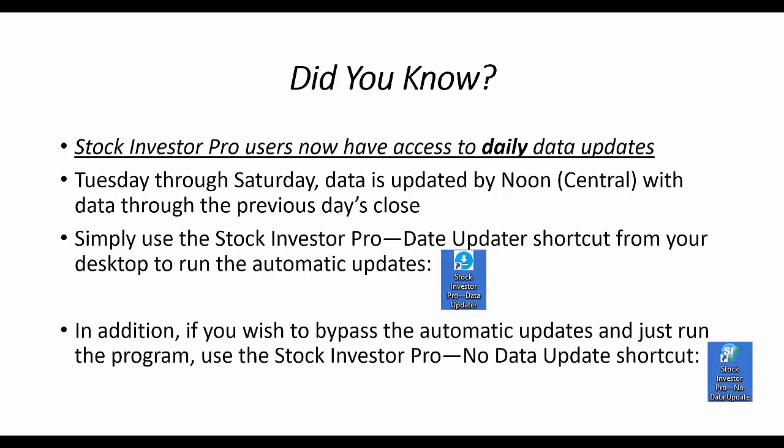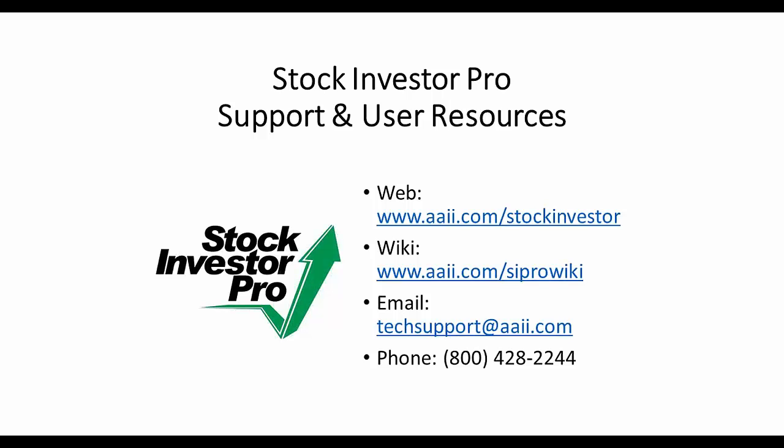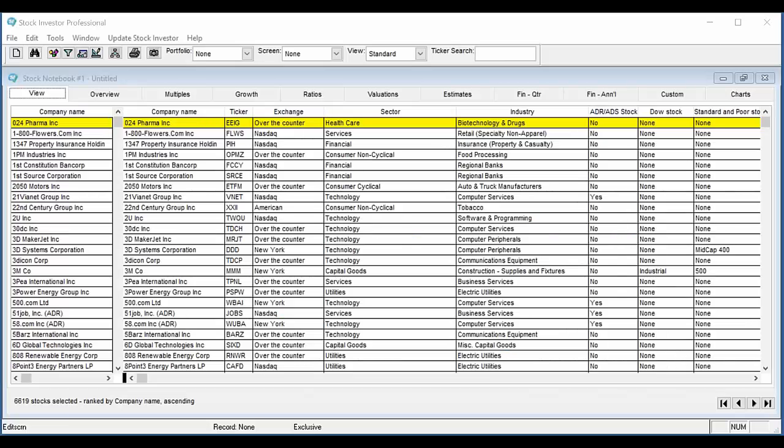This collection of statements can consist of almost any of the 2,000 plus data fields that are in Stock Investor, as well as custom fields that you're able to create within the program. But this is a topic for another day. Furthermore, the group of companies against which the filters are run may be the entire stock universe or a subset of companies, such as a loaded portfolio. So let's get started.